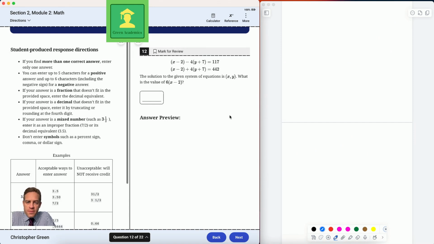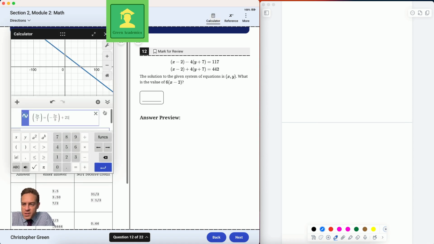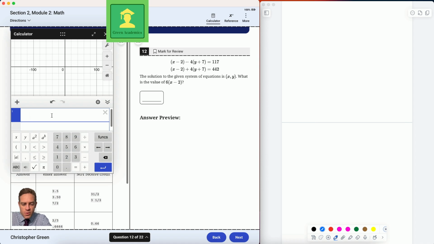The solution to the given system of equations is (x, y). What is the value of 6 times (x minus 2)? You'd probably be best off, given that you have Desmos, just typing this in and seeing the solution for (x, y), just making sure you provide the right piece of information as the final answer.